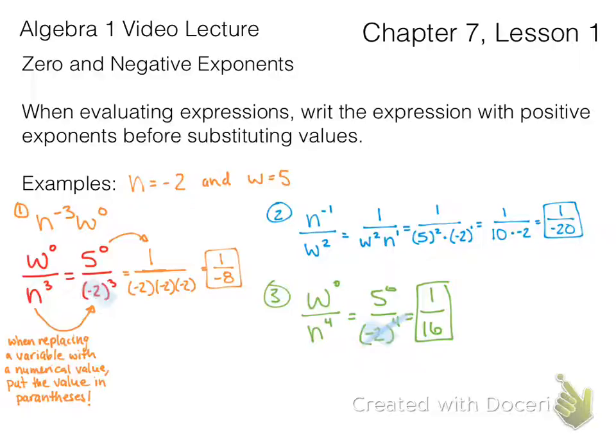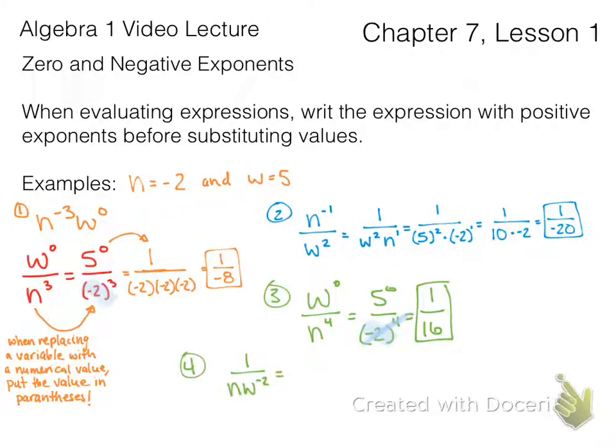So that is your reminder that negatives to an odd numbered exponent remain negative, whereas negative numbers to an even exponent will become positive. And that's because a negative times a negative is a positive, whereas a negative times a positive is a negative. All right, there you go.